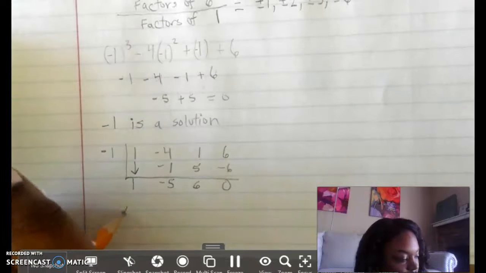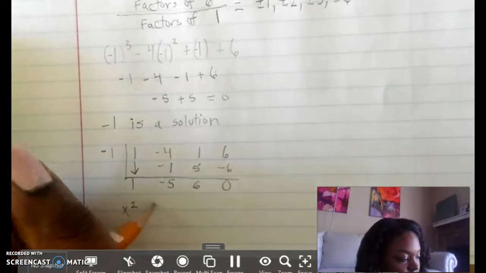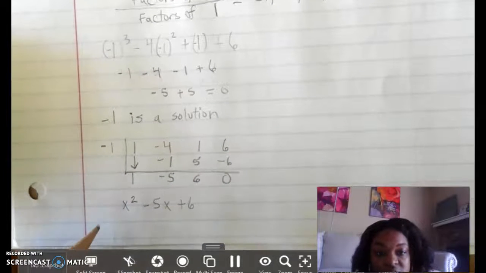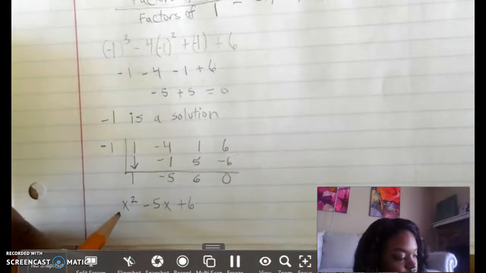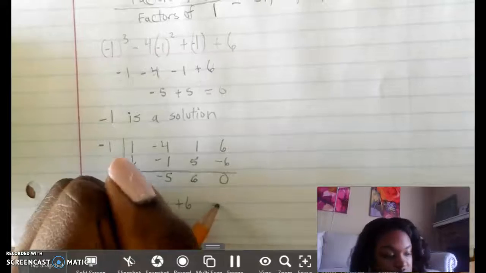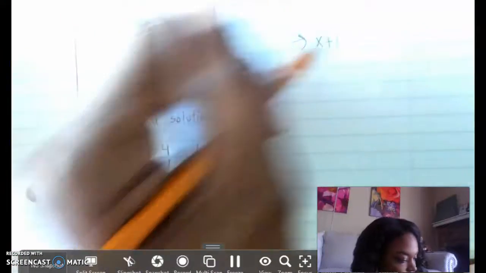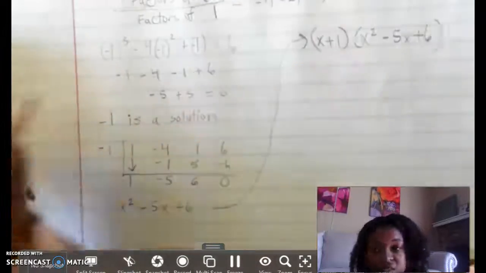So I'm going to get x squared minus 5x plus 6 as a factor. So that tells me that negative 1 was a solution. So that means x plus 1 was a factor. Now I have x squared minus 5x plus 6 as a factor.